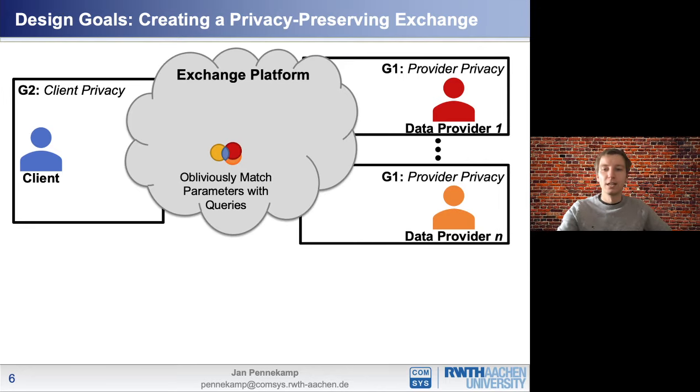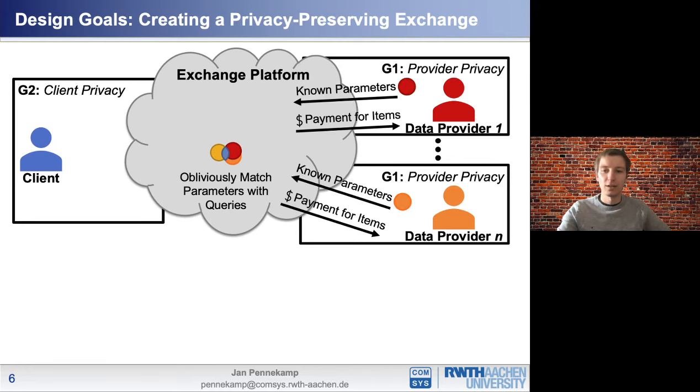So centrally, we have this exchange platform that should obviously match the client queries with the parameters that are available from the providers. Now, how does that work? Initially, the providers share their known parameters, and in return, they expect some kind of payment for the items.